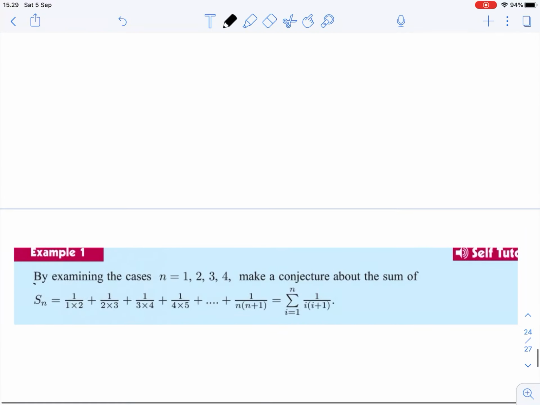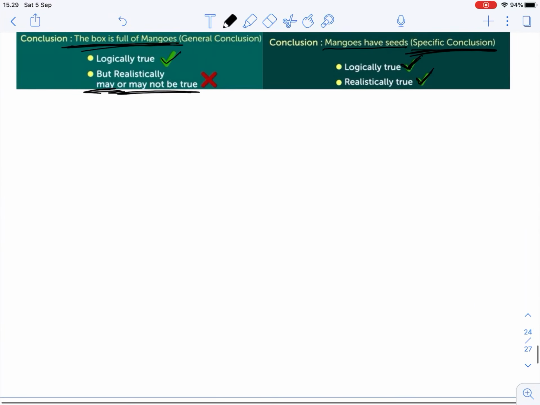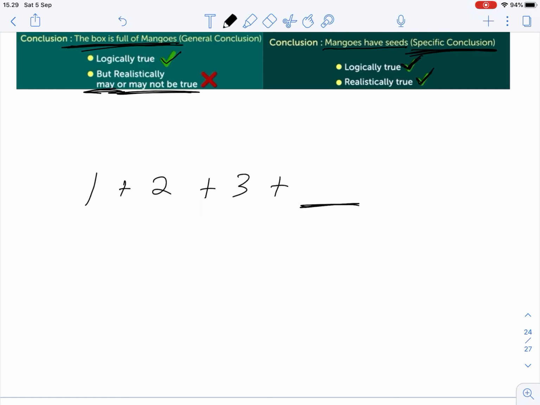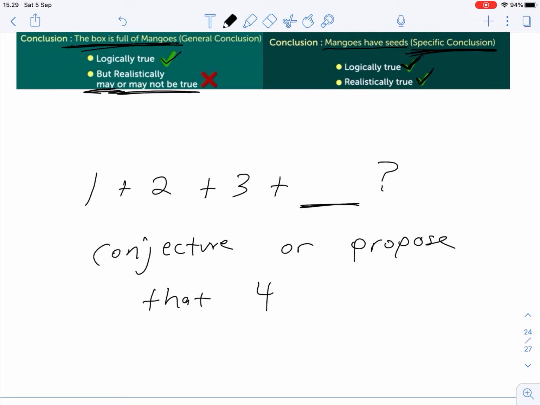Just before we get into an example of inductive reasoning, to make it very simple, if I had this pattern 1 plus 2 plus 3 plus, and I ask you what number comes next, you would conjecture or propose that 4 is next.